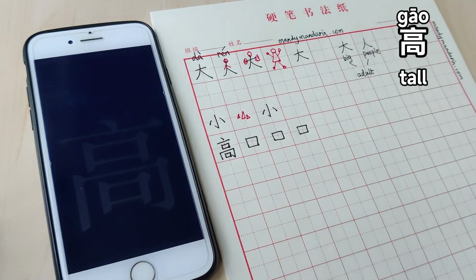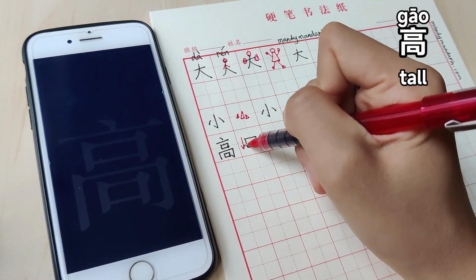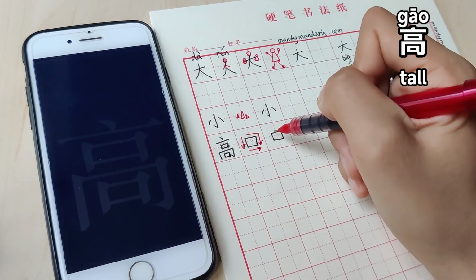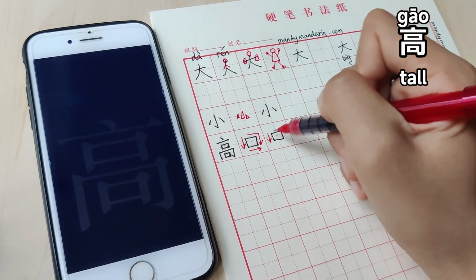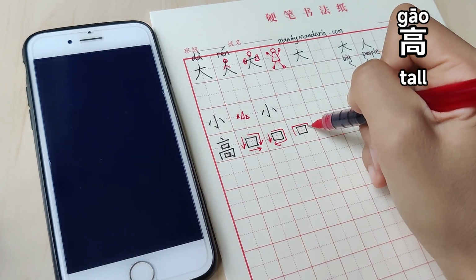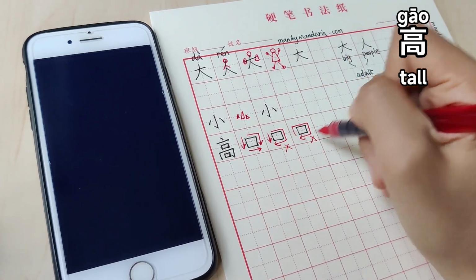No, that is not the proper way. The proper way is always 1, 2, 3. You cannot do it like 1, 2, or maybe just 1 like this. No. This is not the proper way.